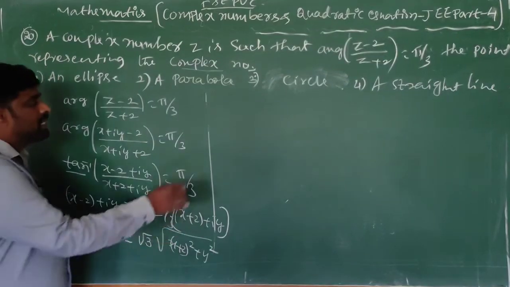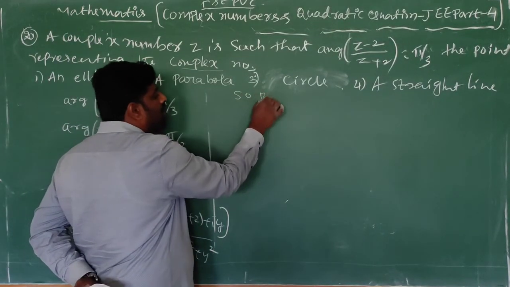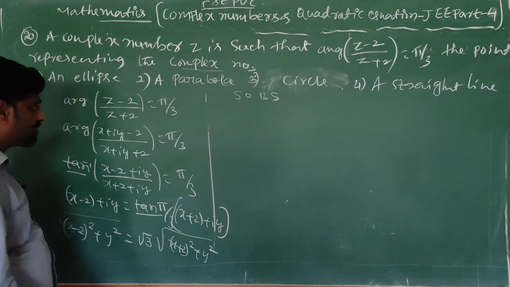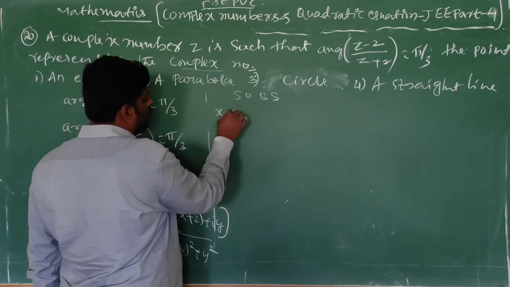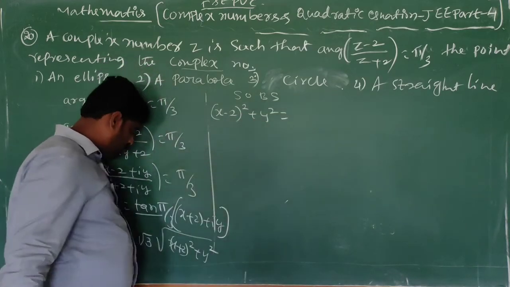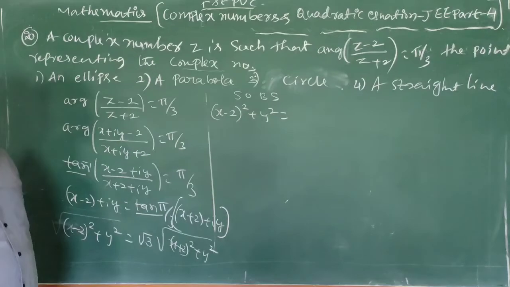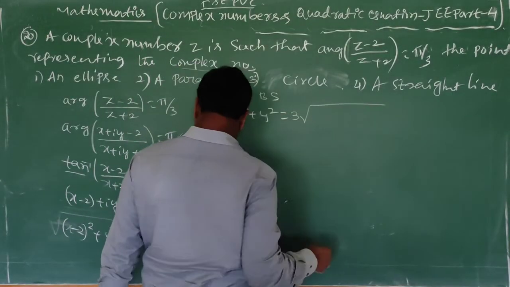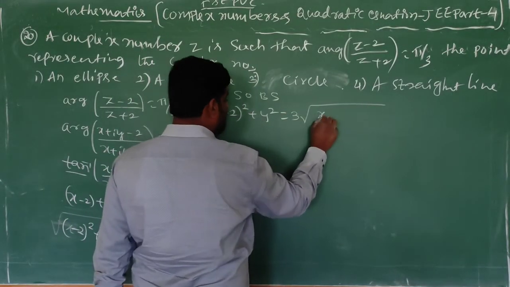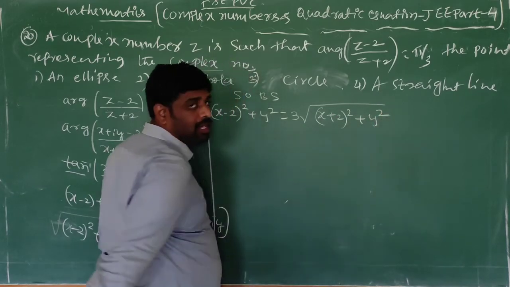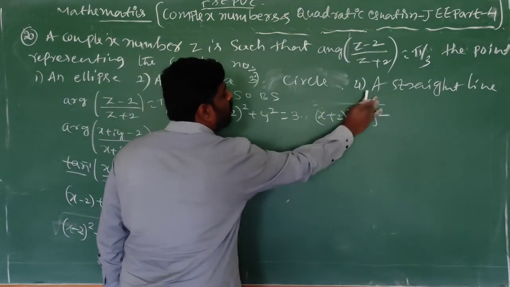So now squaring on both sides, the square roots get cancelled. (x minus 2) whole square plus y square is equal to root 3 whole square, that means 3 into ((x plus 2) whole square plus y square). So the square roots cancel, no?